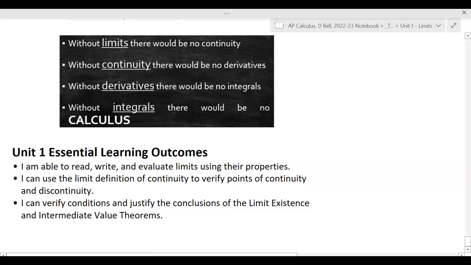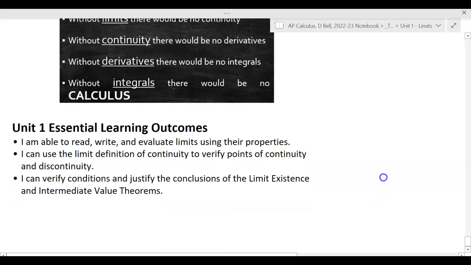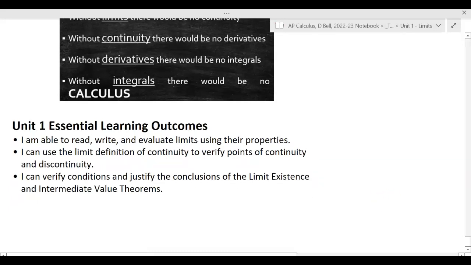Without derivatives, there would be no integrals, and without integrals, there would be no calculus. So at this point, you should be able to read, write, and evaluate limits using their properties, use the limit definition of continuity to verify points of continuity and discontinuity, and verify and justify the conclusions of the limit existence and the intermediate value theorems.